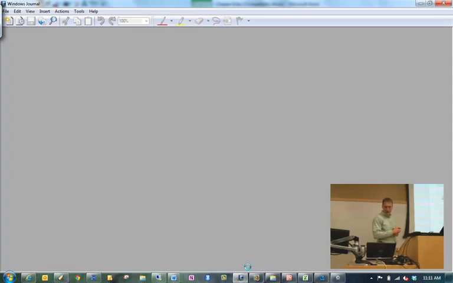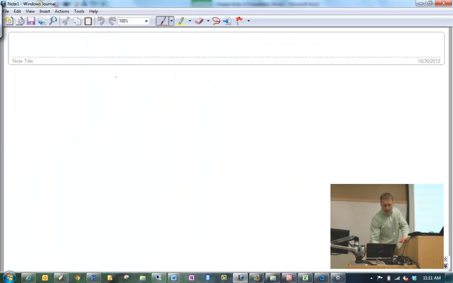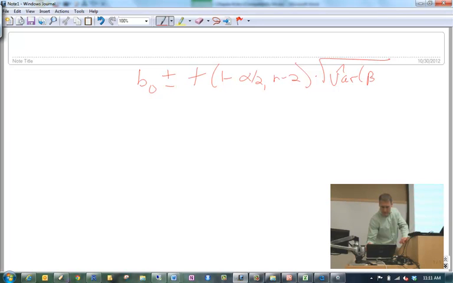Let me get Windows Journal up. So let's say, and this was the original example that we looked at, if I did a confidence interval for beta 0 in a simple linear regression model, this was the formula that we saw. And then a confidence interval for beta 1.